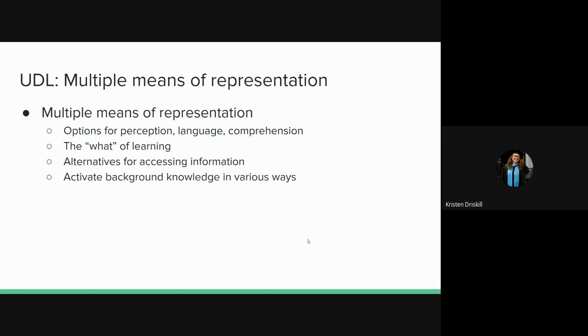So that could mean alternatives for accessing information, like a printed book versus an audio book. It could be activating background knowledge for our students in different ways, whereas it could be just asking a question to activate prior knowledge versus filling in gaps for lacking background knowledge. But there are so many different ways, but ultimately this is multiple avenues for the stuff of the learning, the what of the learning.